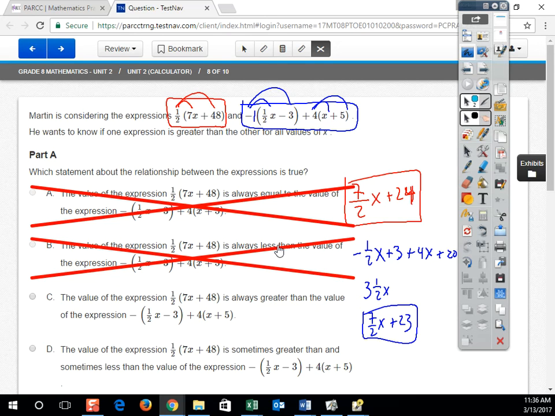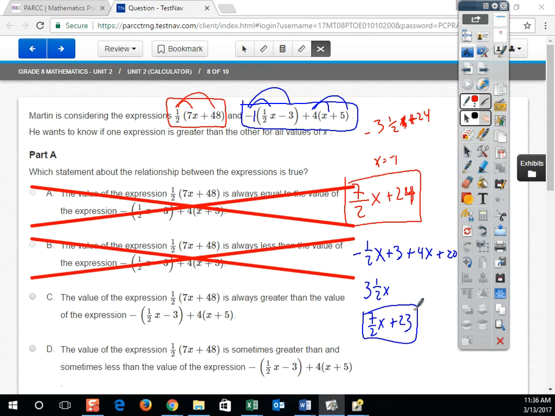The first expression is always greater than the second. Now, be careful here, because you'd be tempted to say yes, because 24 is always bigger than 23. But wait a second. Let's put in a negative number. Let's say x is negative 1. So we have negative 1 times 7 over 2, which would be negative 3.5, plus 24.